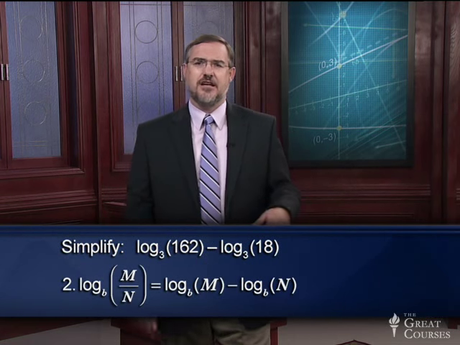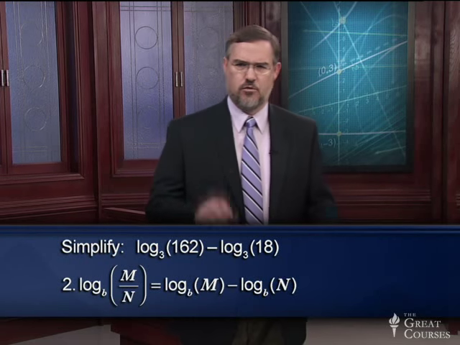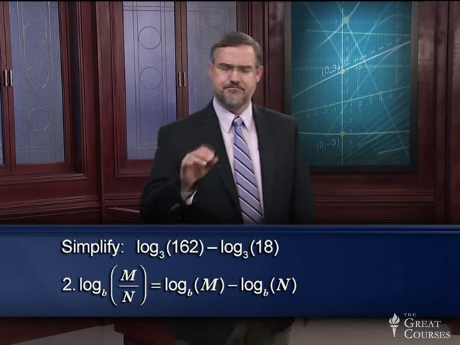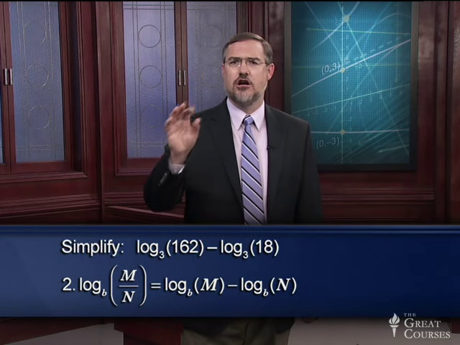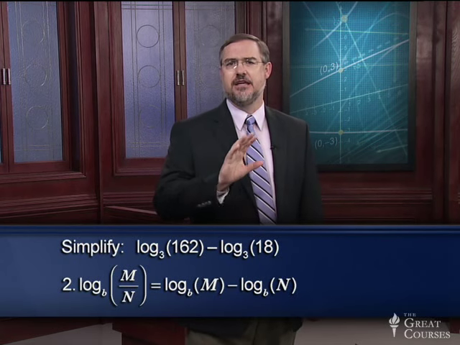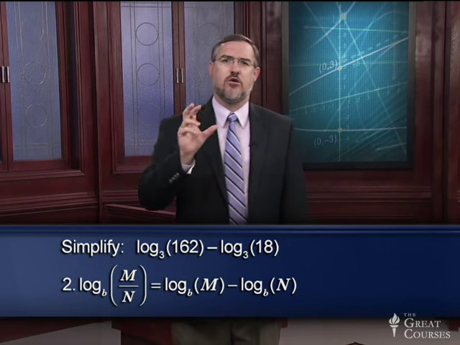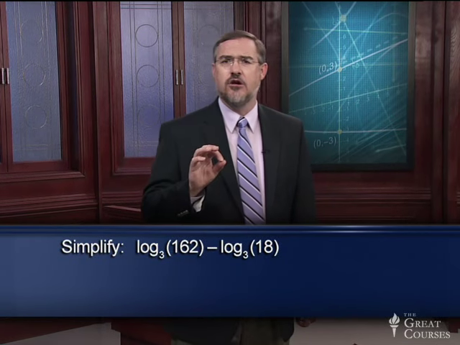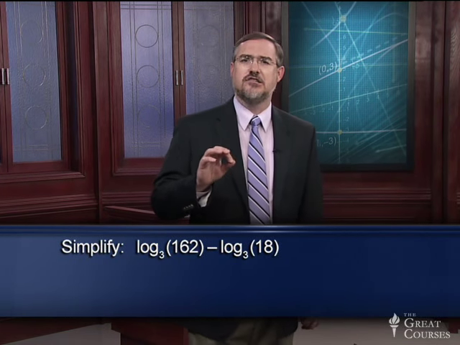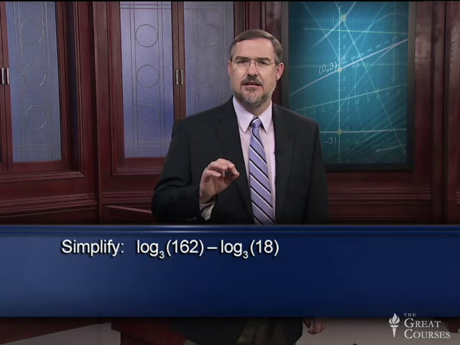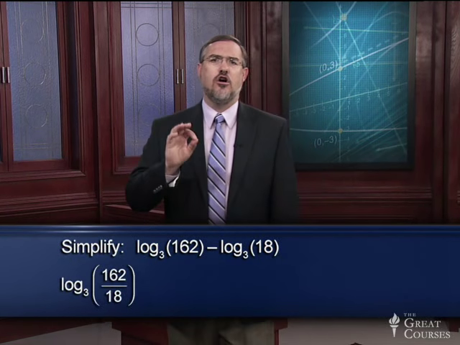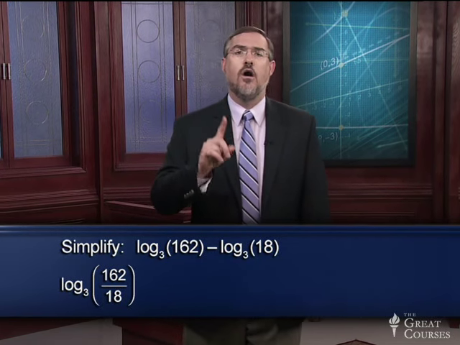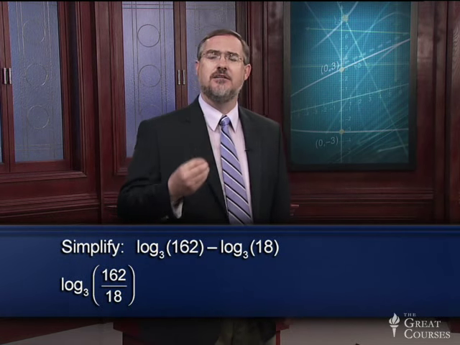Well, if you look at the second property I quoted a moment ago, the right-hand side of that property has log of something minus log of something else, and that property is the one we're going to want to use here. So log base 3 of 162 minus log base 3 of 18 is the same as log base 3 of 162 divided by 18.